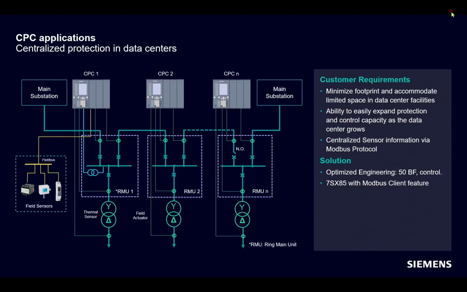Additionally, a CPC with the option of Modbus client to receive sensor information in just one centralized device. Last but not least, a CPC to reduce the engineering process in zone scheme interlockings via charts or logics, and of course protocol communication between devices for this kind of scheme.